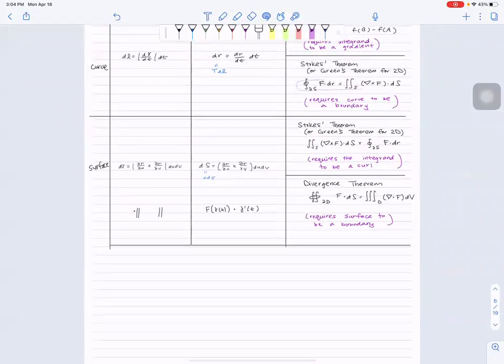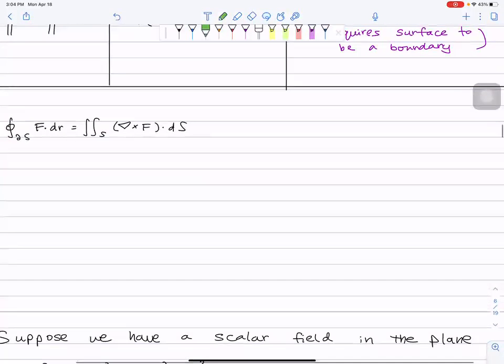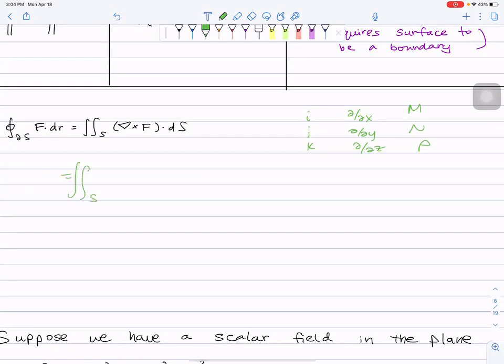Right now Stokes' theorem says this. So what is the curl in 3D, where we have M, N, and P? In 3D, the curl has partial of P over y minus partial of N over z, comma, negative partial of P over x minus partial of M over z, comma, partial of N over x minus partial of M over y.